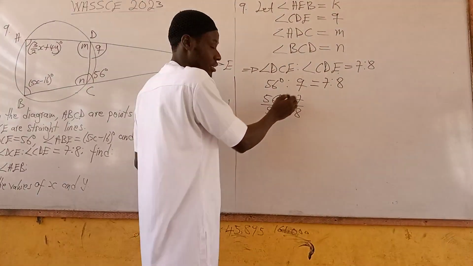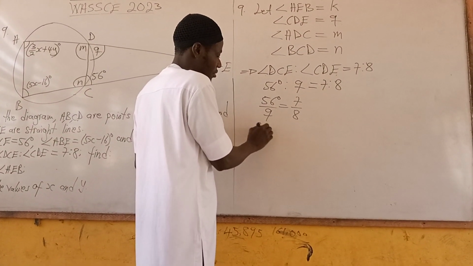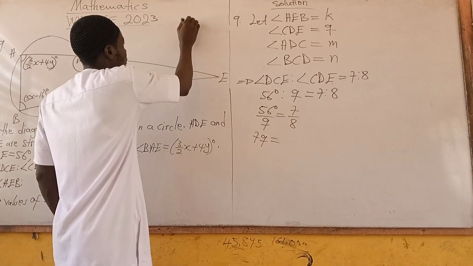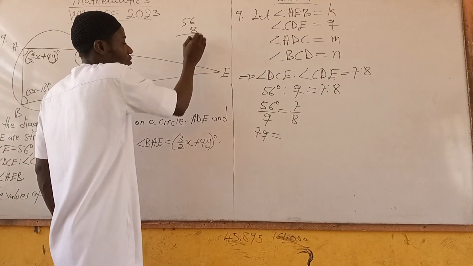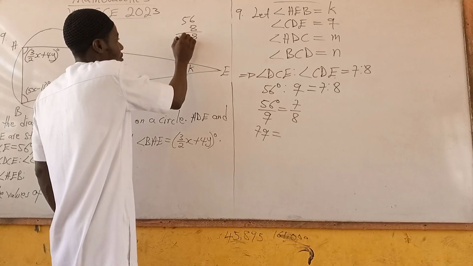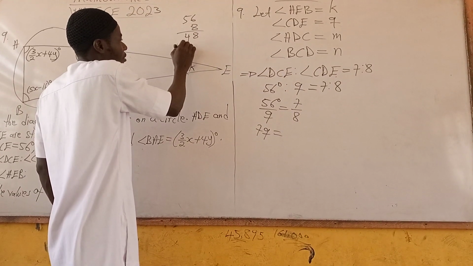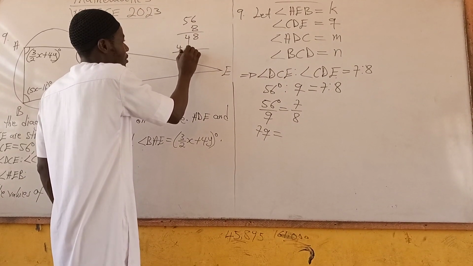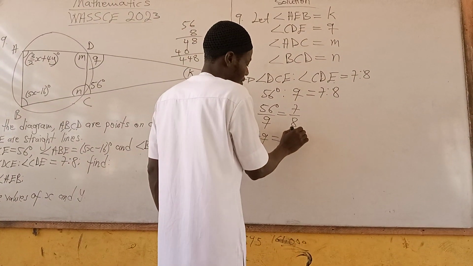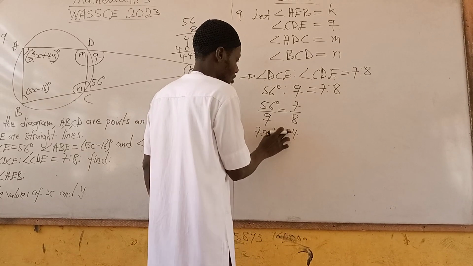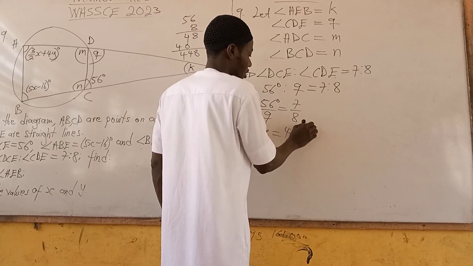We'll cross multiply. So we have 7Q is equal to 56 times 8, which gives 448 degrees.